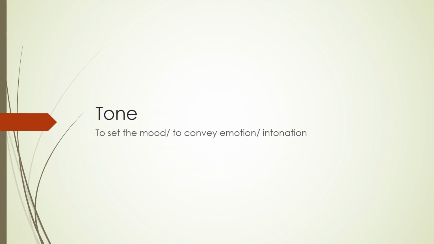And finally, last but not the least, of course, I'm going to discuss tone. Now, tone is like setting the mood for your speech. It's used to express emotions or feelings. You must have heard of the famous saying, it's not what you said, it's how you said it. So that sort of is what tone is all about.